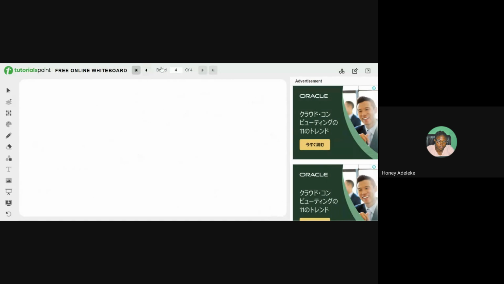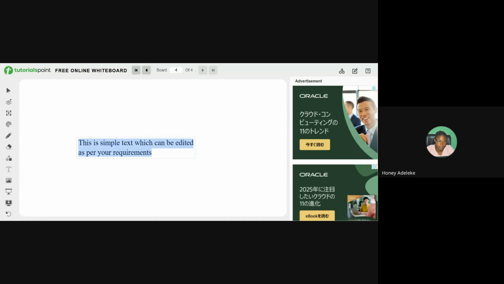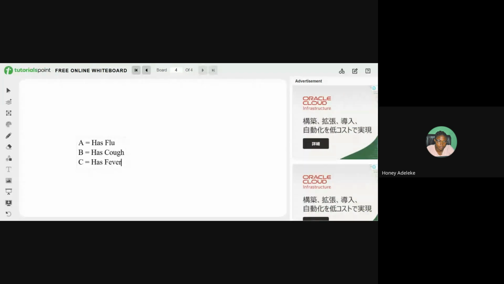For the sake of those that do not have it, we have A as flu, B as cough, C as fever. So this is a path. But what kind of path is this? Can we reason together?